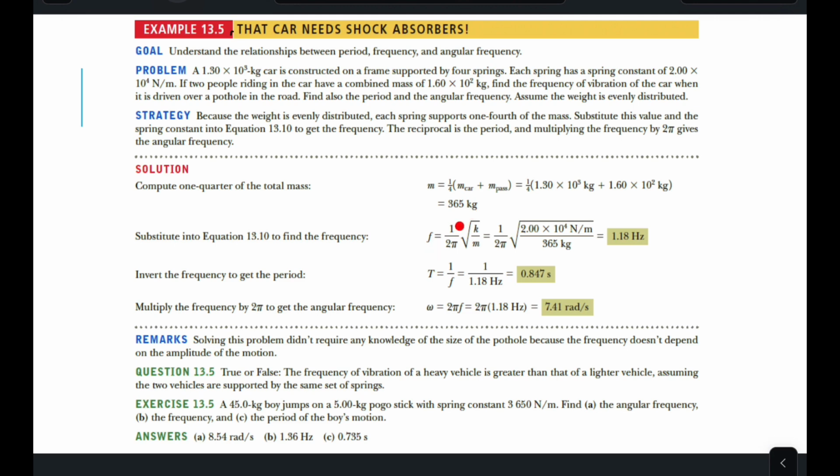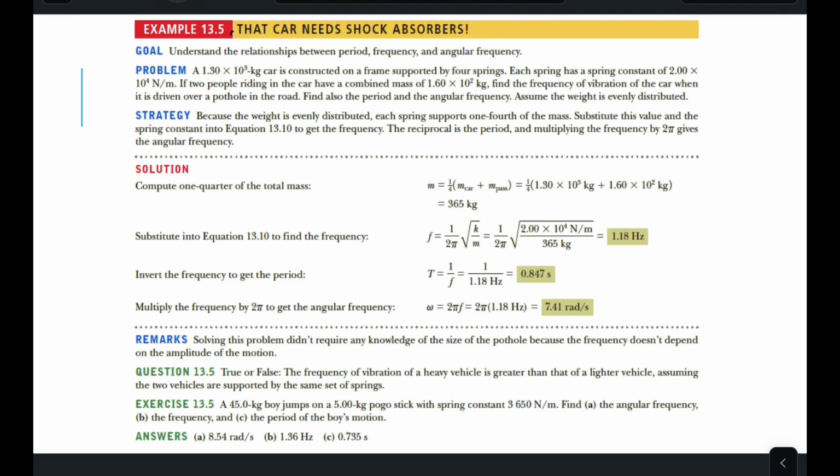Then the frequency is 1 over 2 pi square root k over m. Substitute this, and this is actually 1 over period. To get the period, we take 1 over f. So this is the answer.